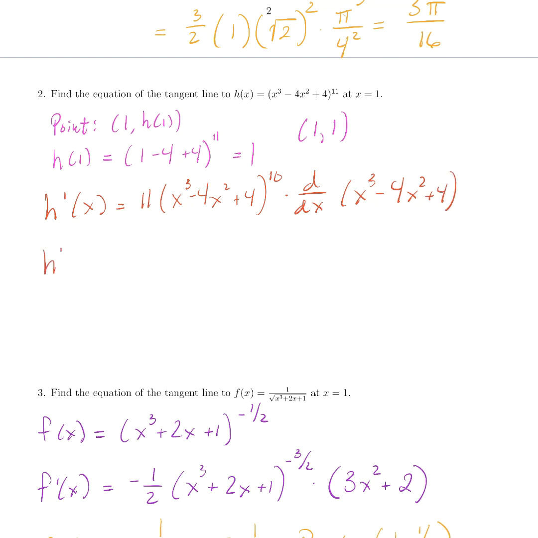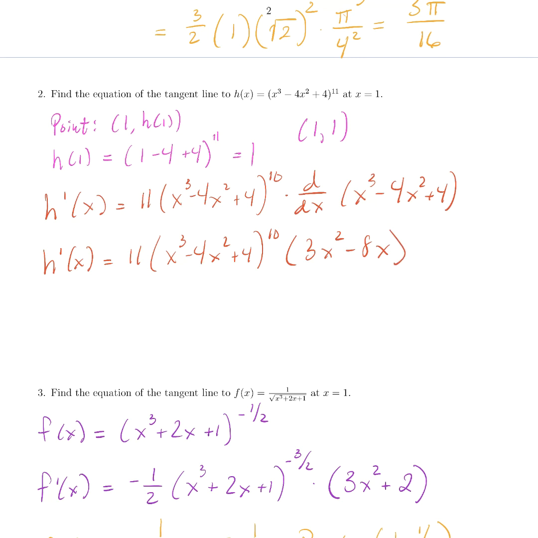And so we can do that. So h prime is 11 times x cubed minus 4x squared plus 4 to the 10th times the derivative of x cubed, which is 3x squared. The derivative of negative 4x squared is negative 8x, and the derivative of 4 is 0.